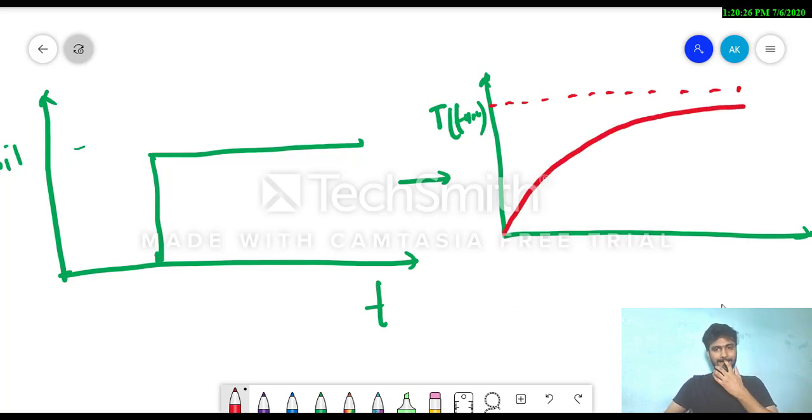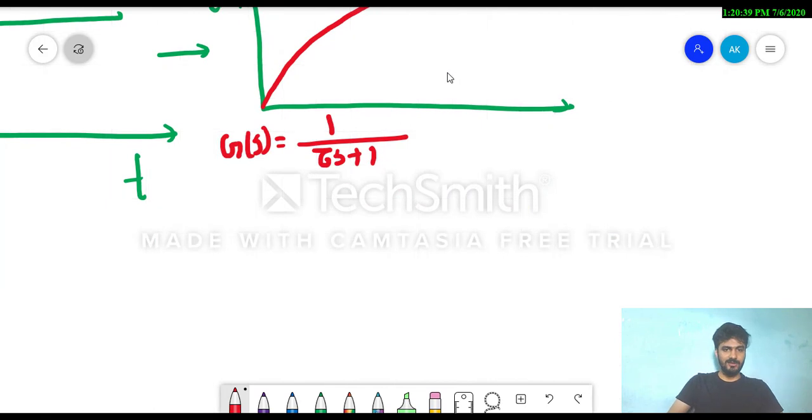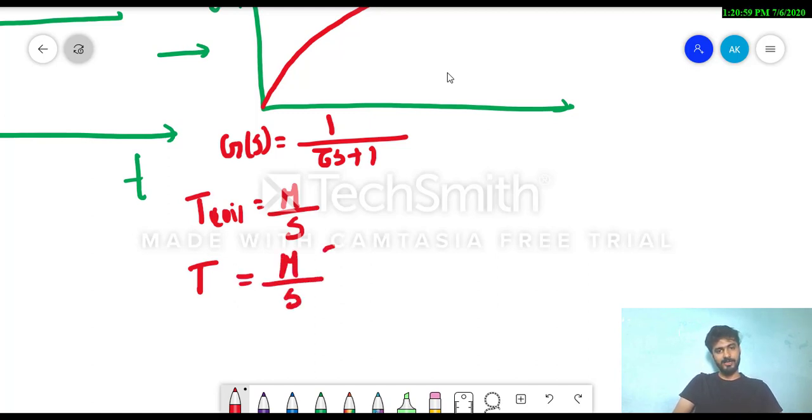How? Understand one thing, because there is a transfer function here, G(s) equals 1 upon tau s plus 1. Now if I apply T coil equals M by s, where M is the magnitude of a step input, then what will happen, T in the deviation variable equals M upon s into 1 upon tau s plus 1.